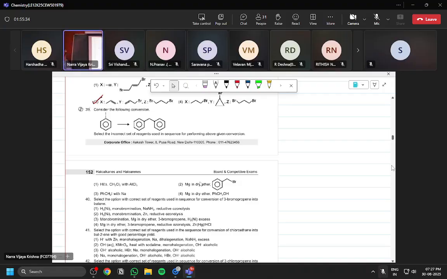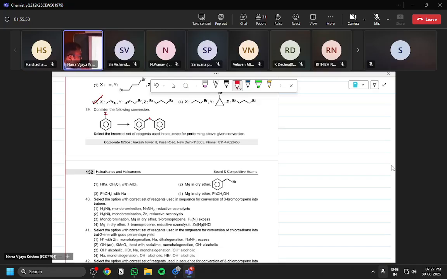Next one. This is iodobenzene. Iodobenzene needs to be converted into diphenylmethane. This in between, not biphenyl. Both benzene rings are not directly connected. They are connected through carbon, right?